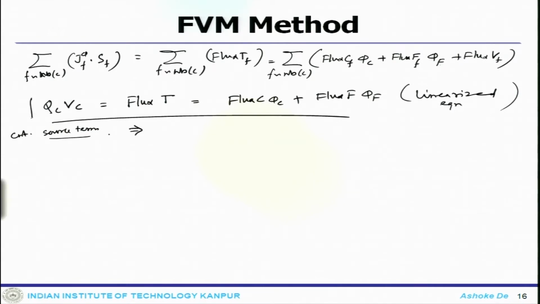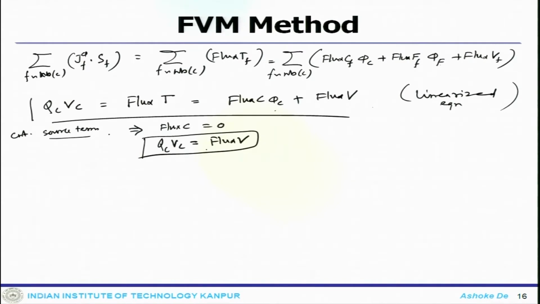I am again writing the source term in this kind of fashion: the contribution coming from the C element, and the contribution coming from the neighboring element. Constant source term means flux C would be 0. Sorry, this is flux V. So my QC Vc is equal to flux V only.